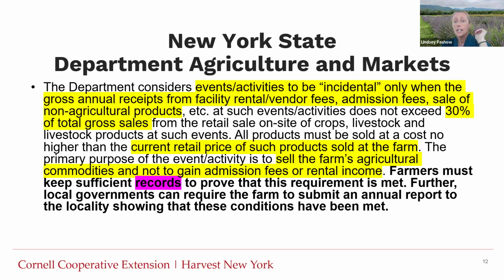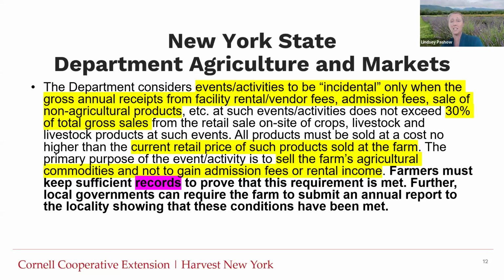So there's a 30-70 rule. 30% can be based on those different events and activities, those admission fees, that rental of that wedding space. 70% really needs to be related to the on-site sales of crops, livestock, or livestock products. So that's where you get that fine line for that protection.